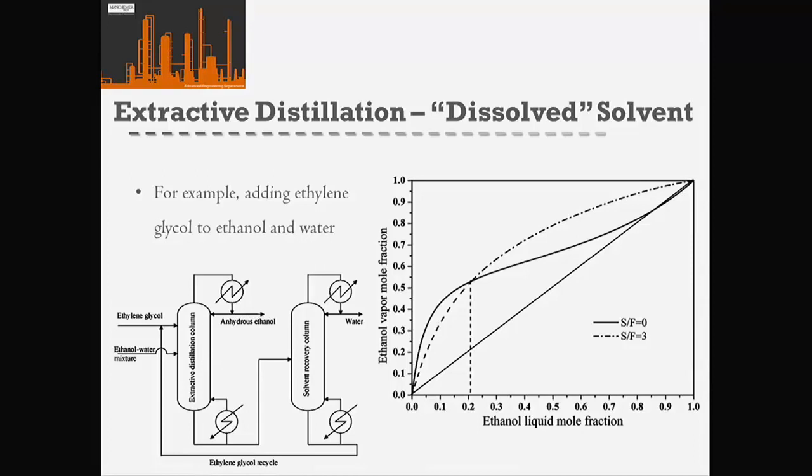So we can then just go into a second distillation column where we then just carry out distillation between the ethylene glycol and the water, and then we recover our water as our top product, and we just get our ethylene glycol as our bottom product, which we can then recycle back into our first column. Okay? So in that case, we're just taking advantage that the solvent changes the relative volatility between our two components, okay, but doesn't really take part in the actual separation in the first column.